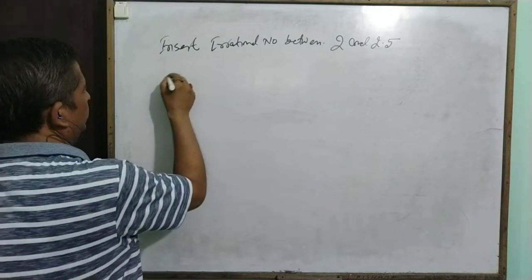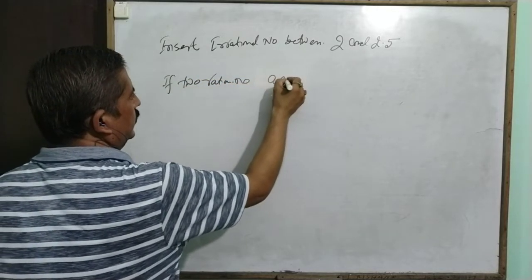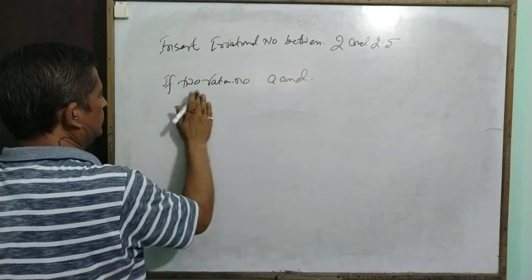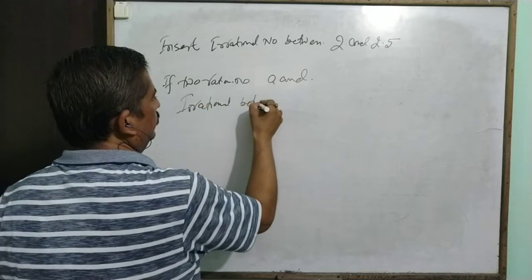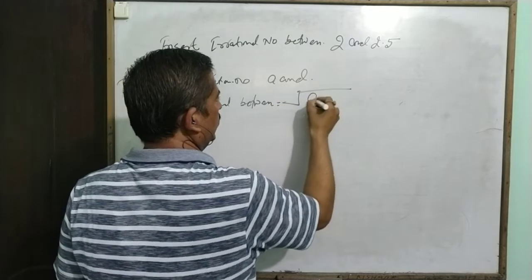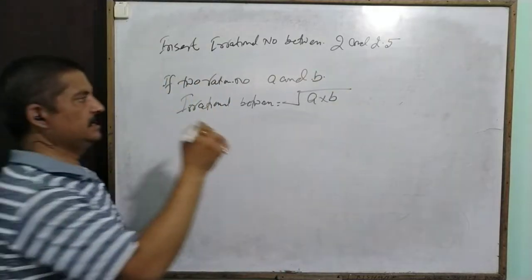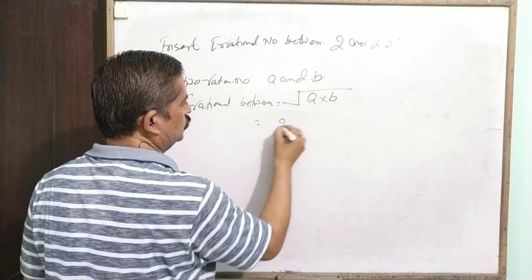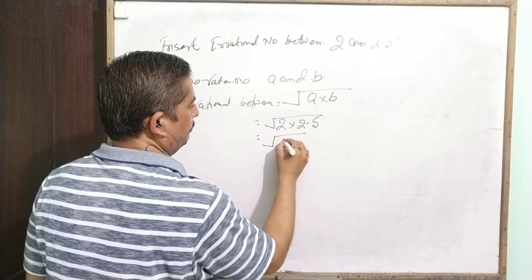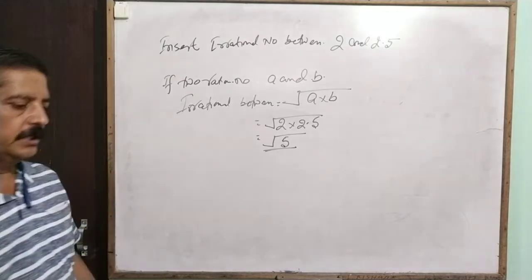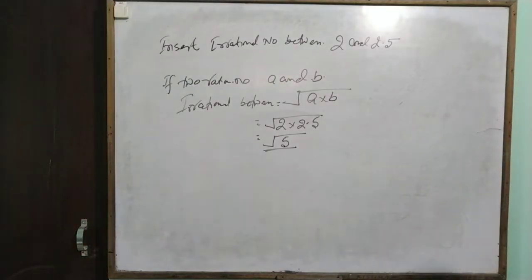So the formula is that if the two rational numbers are a and b, then an irrational number between them equals under root a into b. So find between 2 and 2.5: 2 into 2.5 is 5, so under root 5 is an irrational number between 2 and 2.5.